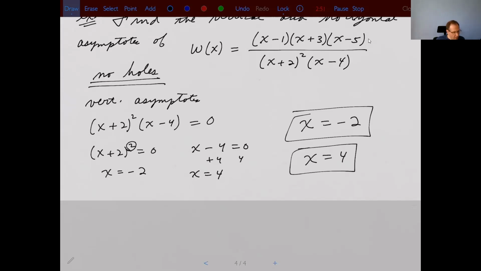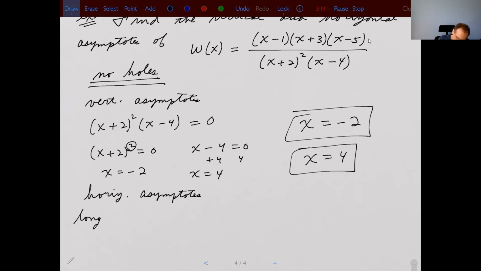Okay, what about horizontal asymptotes? Well, what's the leading term of the numerator, right? Because remember, to figure out horizontal asymptotes, I want to look at long run behavior.